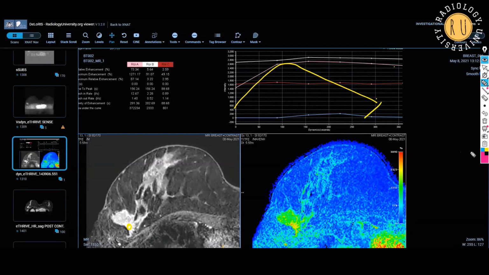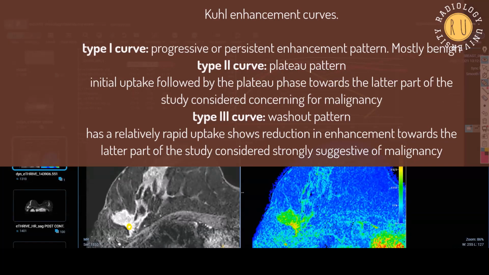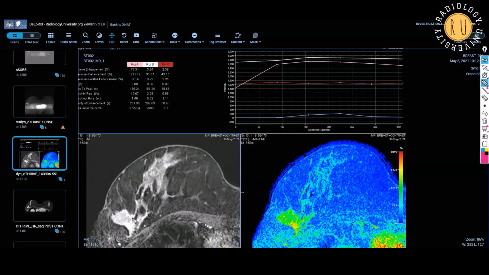And if you have something like this and then a plateau, that could also be malignant. And then if you have something which continues to rise, you call that not malignant. So there are three types of curves, you can read more about them. That's why you do the dynamic here.